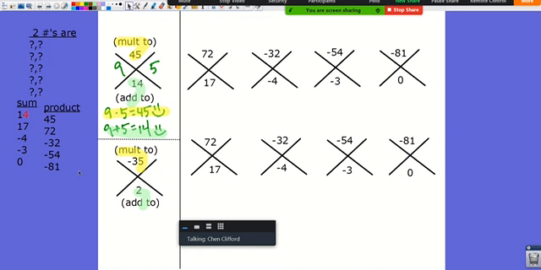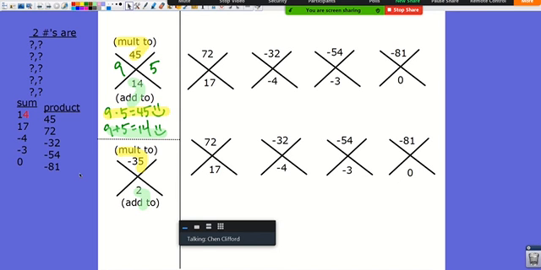Okay, one of those numbers should be negative. Give you guys around 30 more seconds.